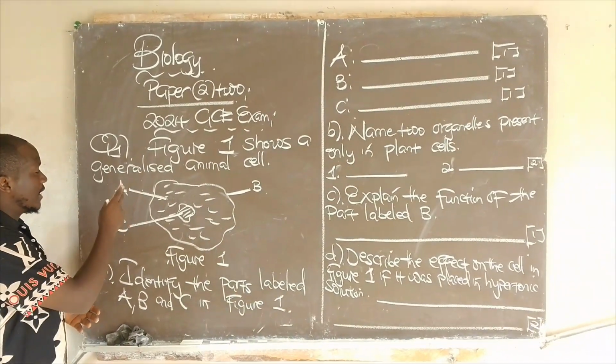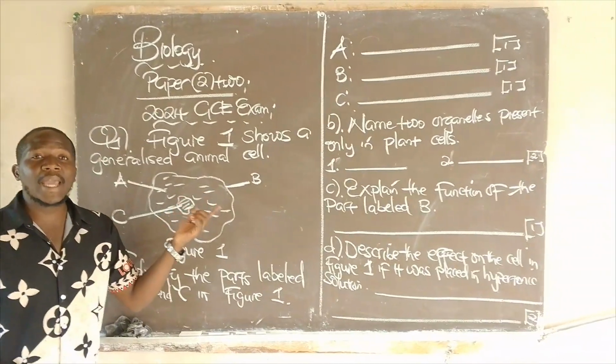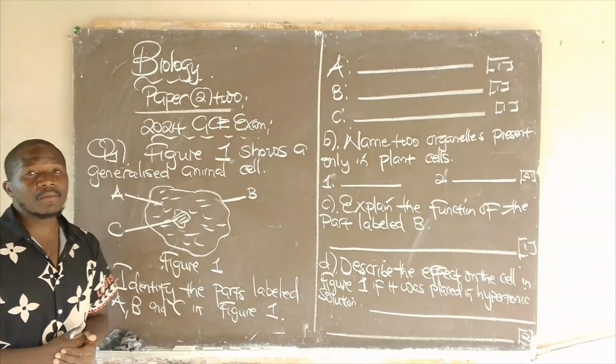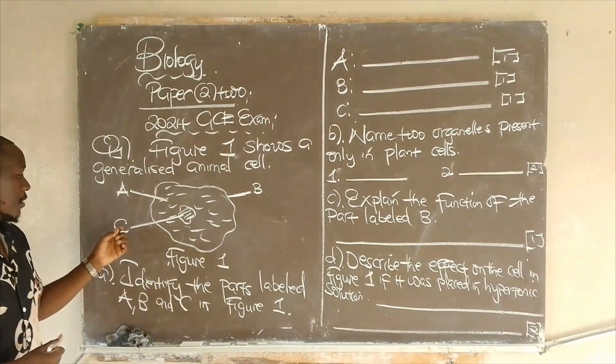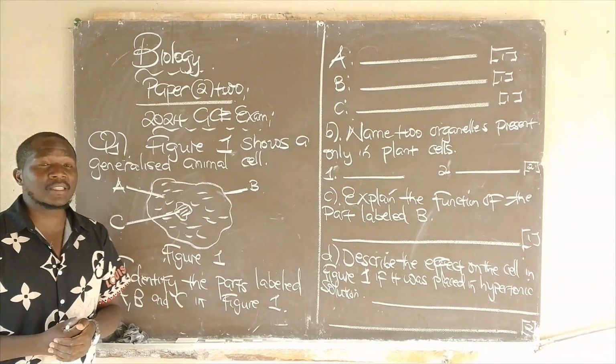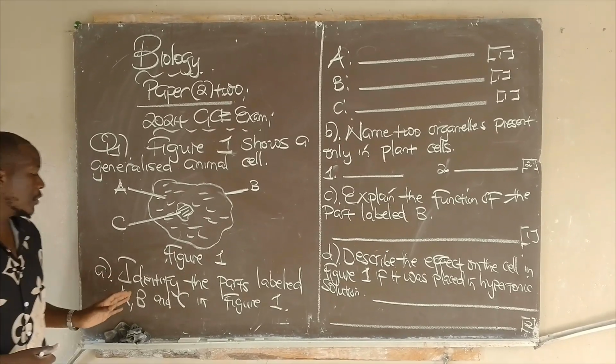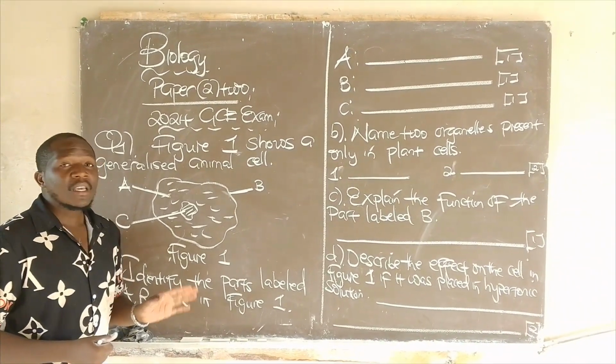Then part labeled A points at the liquid-like structure, which can be termed cytoplasm. Then we have C, which implies a nucleus. So A: identify the parts labeled A, B, and C in figure 1.